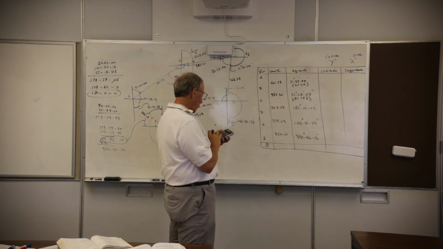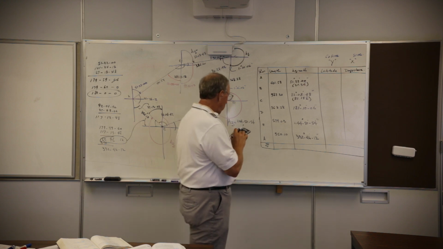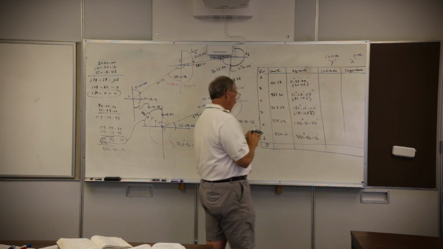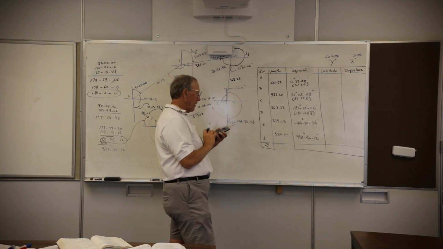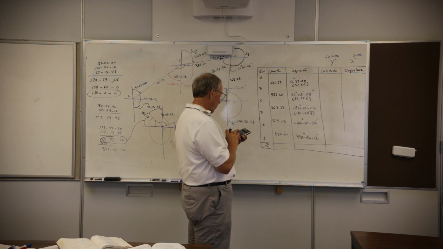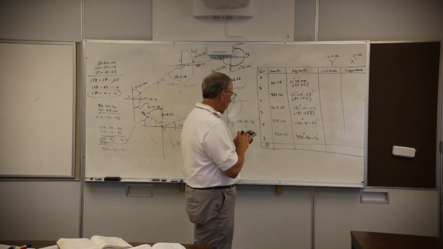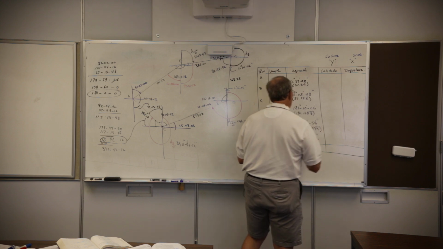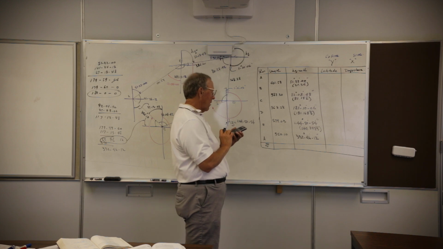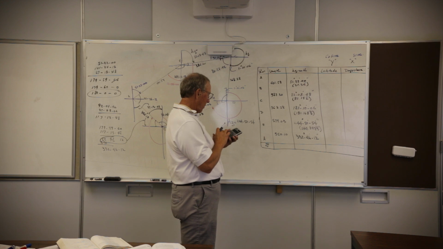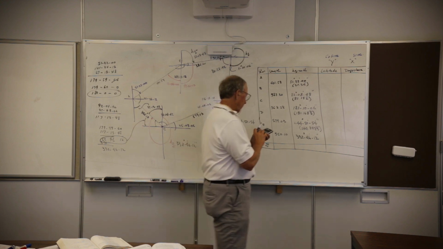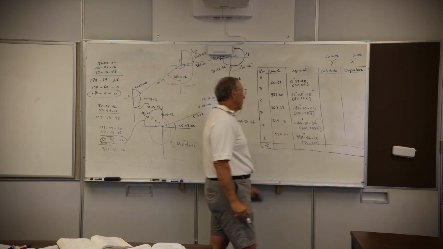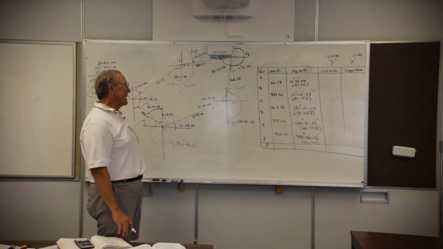Six is 0.1. .9, 50.9. Okay, all I've done now is taken and changed degrees, minutes, seconds to decimal.